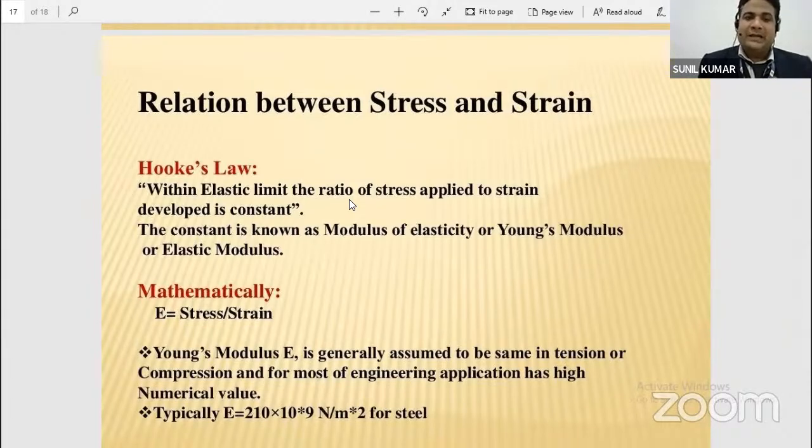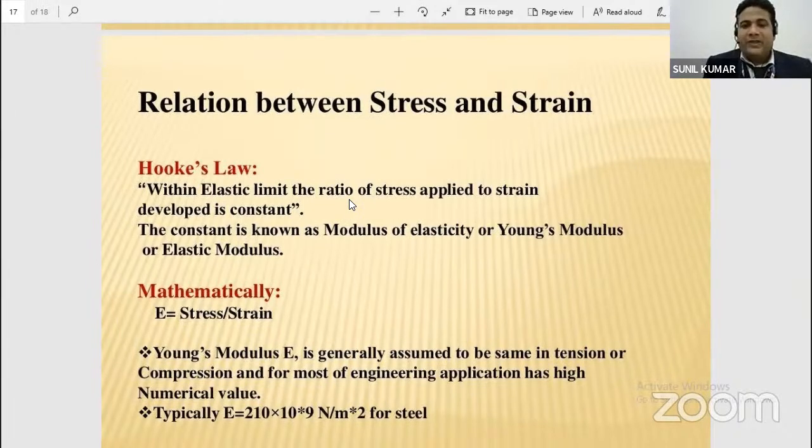So mathematically, stress is directly proportional to strain. If you replace the proportionality, then stress is equal to E into strain, where E is equal to stress divided by strain. The name of E is the Young modulus, which is a very important material property.